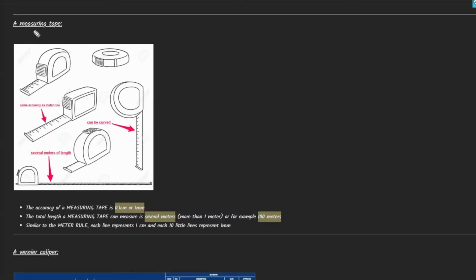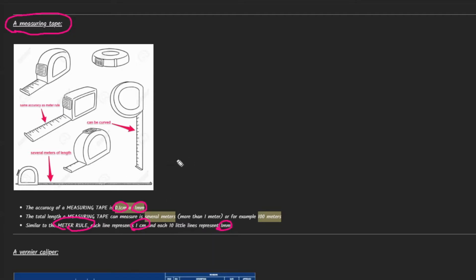Now, when it comes to a measuring tape, which is the next instrument that we're going to look at, it is almost exactly the same as a meter rule. The accuracy of a measuring tape is again 0.1 centimeters or 1 millimeter. Similarly, each big line represents 1 centimeter, and each little line represents 1 millimeter.